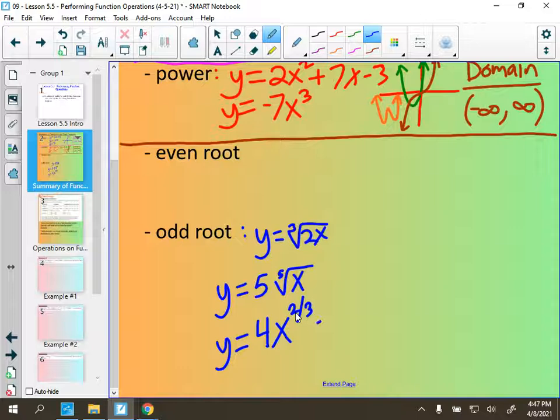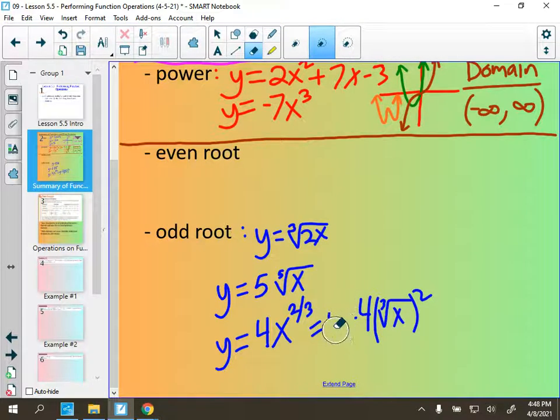All right, if I wanted to rewrite this here, y equals 4 times the cube root of x squared. So there's different stuff going on there, but I have the cube root involved. So maybe I'll take this last part off just because it's getting kind of tight there. But those are just some examples of stuff that we've been working with cube roots.